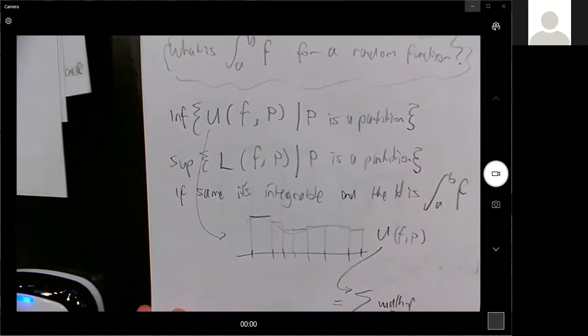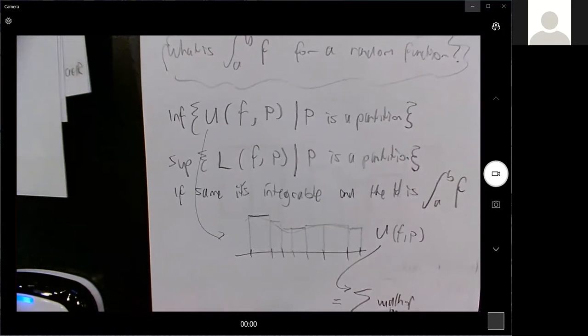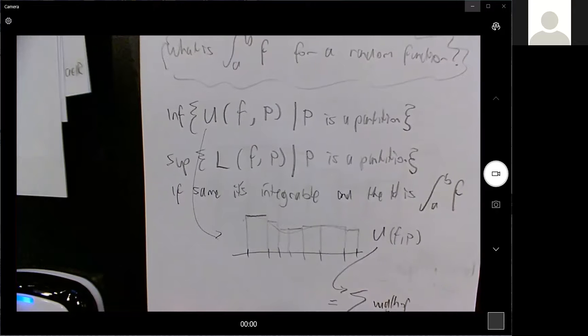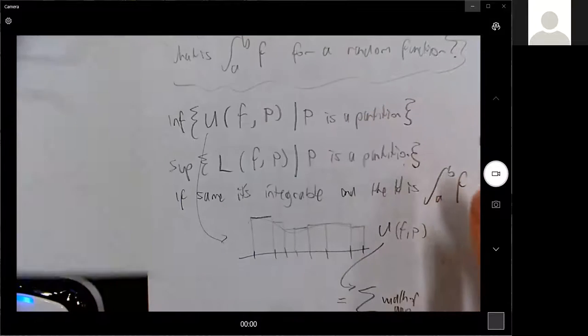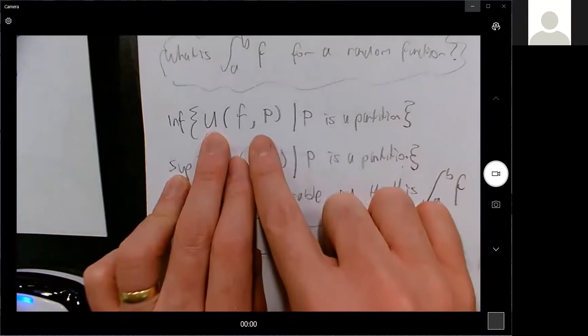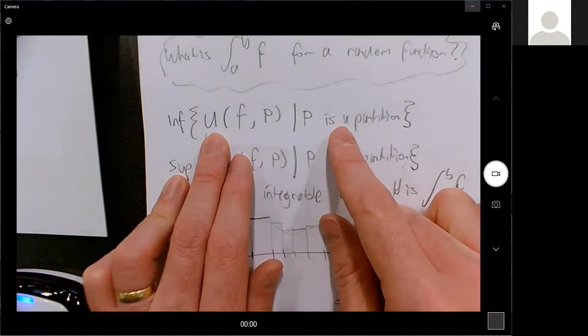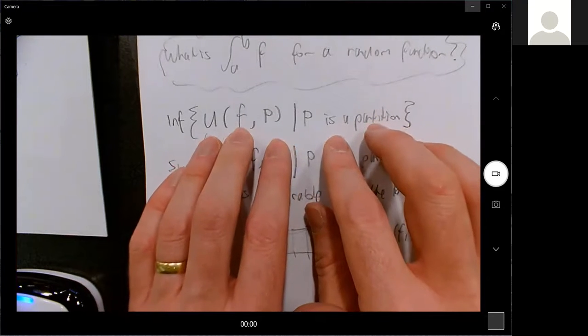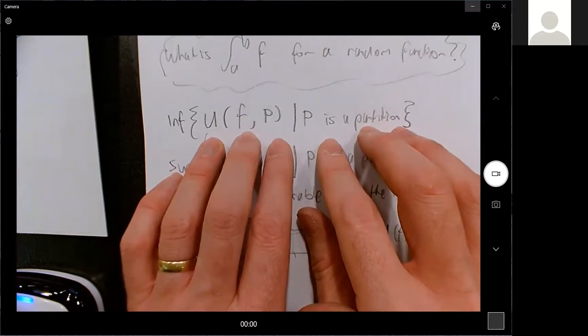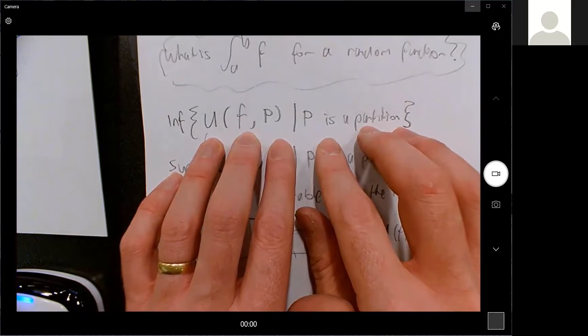So we would like to show that the integral of f is 0, which means we need to show that the infimum of all of the upper sums is 0. Which means we need to show that no matter how close to 0 we need to be, there has to be a partition that puts my upper sum that close to 0.